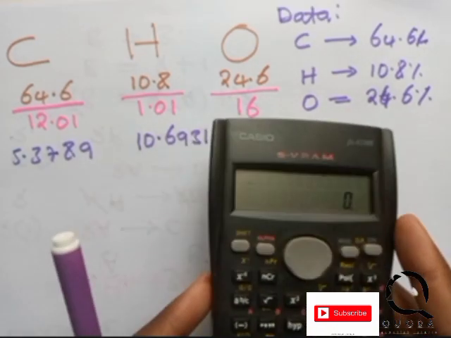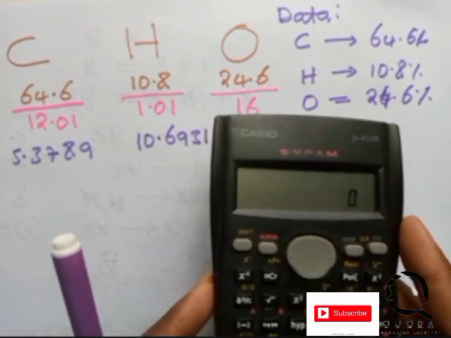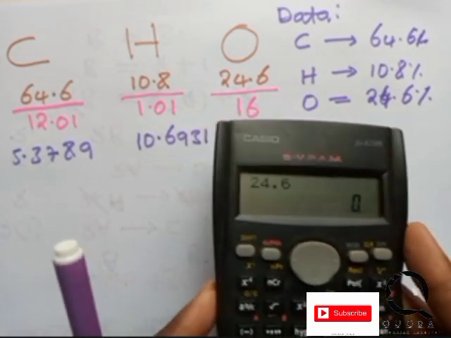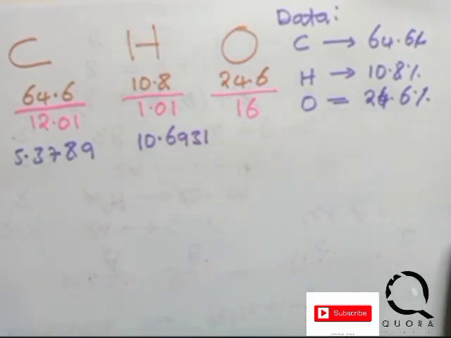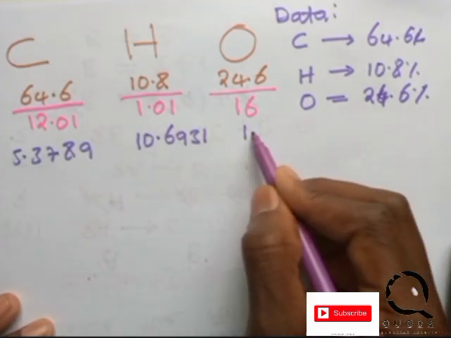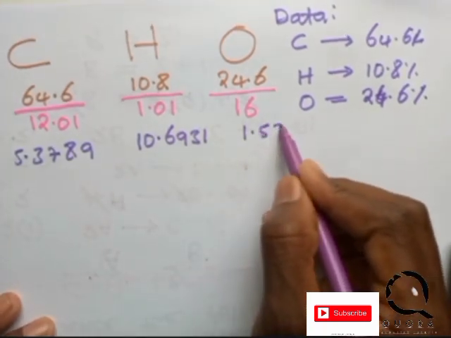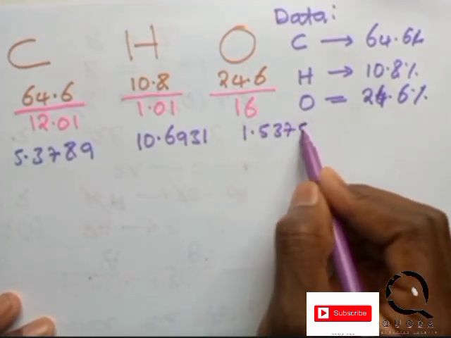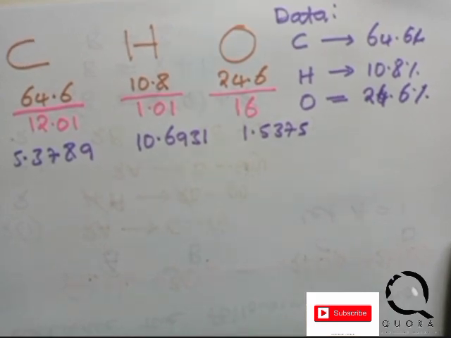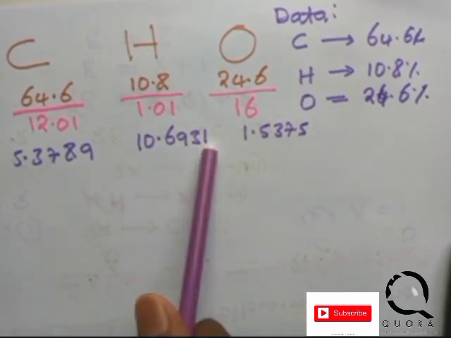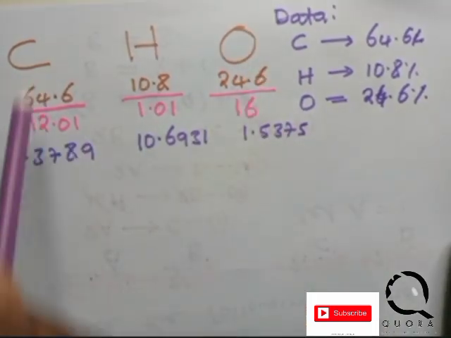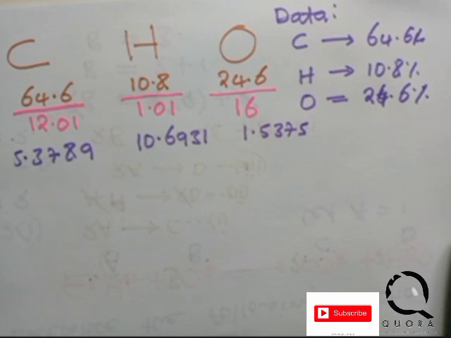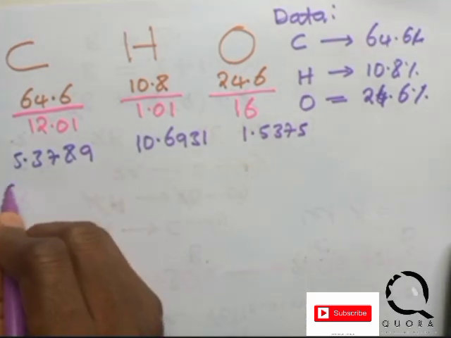The last one, which is 24.6, I'll divide this by 16. Okay, so this one is giving us 1.5375. These are the number of moles. After dividing like this, this is the number of moles for carbon, hydrogen and oxygen.